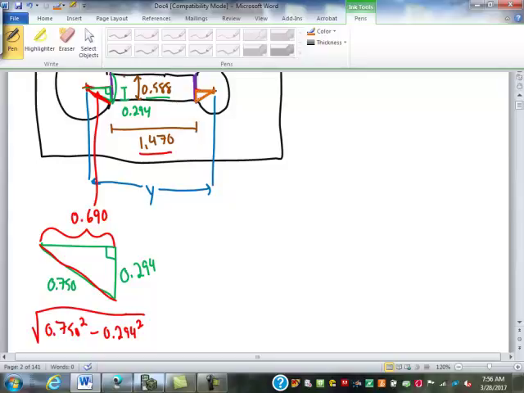So now we're going to come over here and look at this light brown triangle. In that triangle, this here is still 0.294. This is the radius of that circle, which is 0.5.